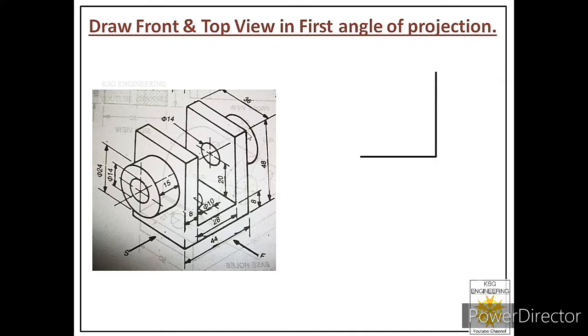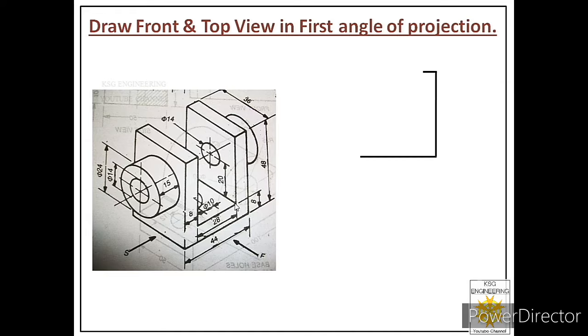So we have reached this point. Now we have to move towards left. This length is mentioned over here as 8 millimeters, so from this point we will move towards left by 8 mm with a thick line. Now we have reached this point. From here we will draw a vertical line in downward direction.